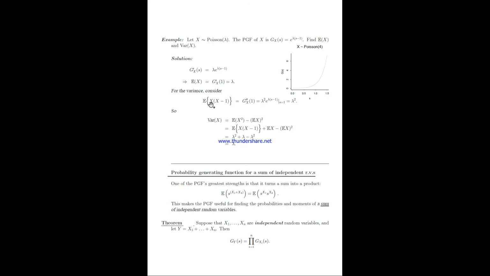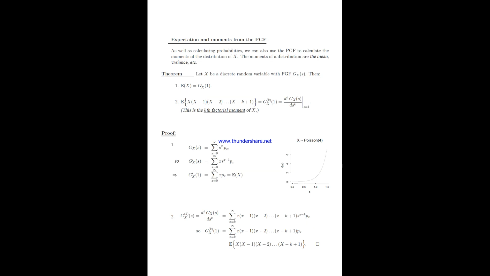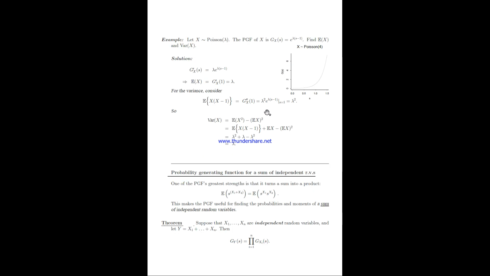From the previous result, I can construct the expected value of x into (x minus 1) using this formula, that is, I'm going to take the second derivative and substitute 1.